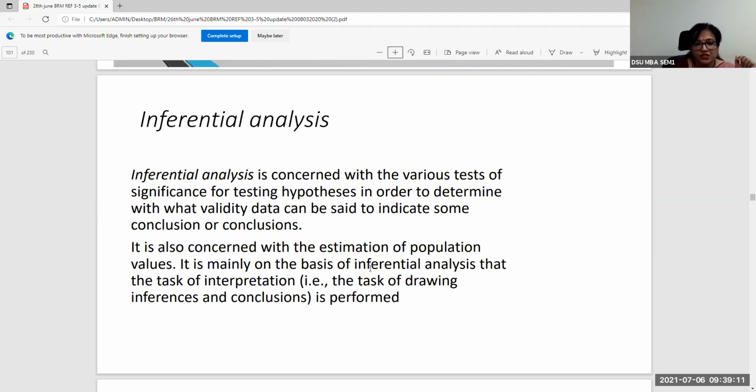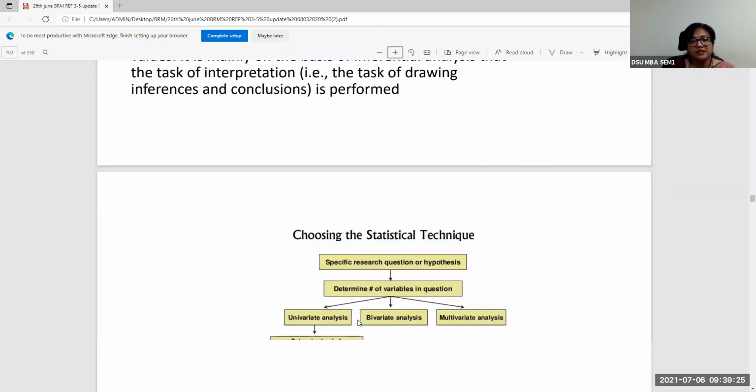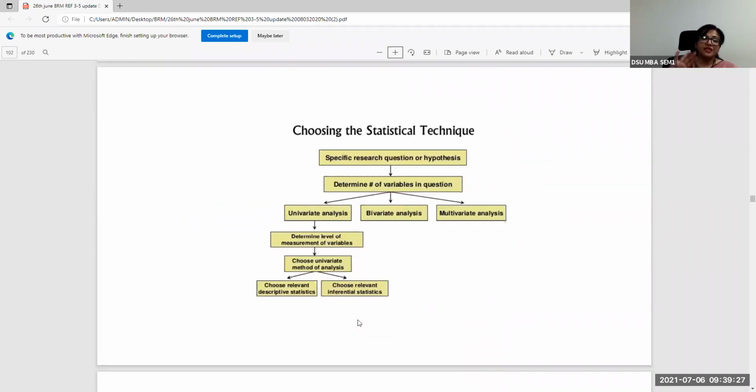That is your inferential analysis. So it is mainly on the basis of inferential analysis that the task of interpretation, the task of drawing inferences and conclusions, is performed. Once you do the data analysis, the purpose is to infer something about what is happening, not just in the sample, but in the population.